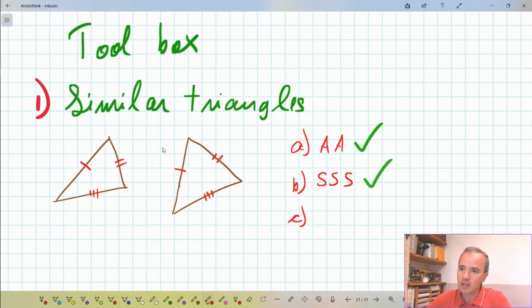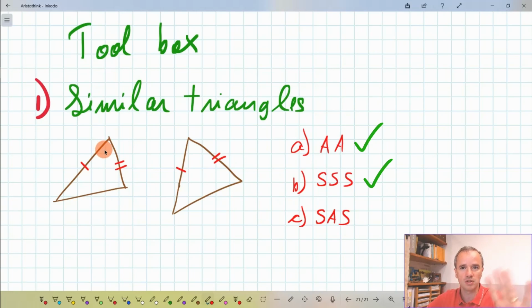And the other one, which is the one I'm going to use along with the Pythagoras theorem, is side, angle, side. If this side is the same as this one, this side is the same as this one, and any other angle, you could choose this angle, this or that. You don't have to have the angle between the two sides.